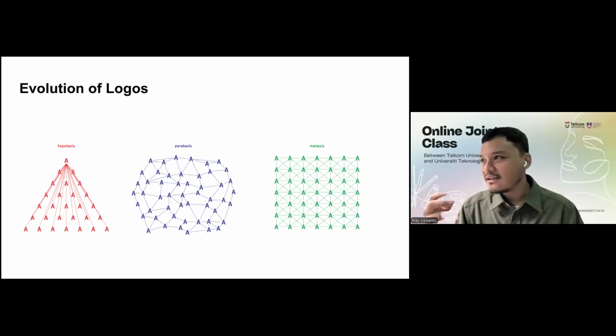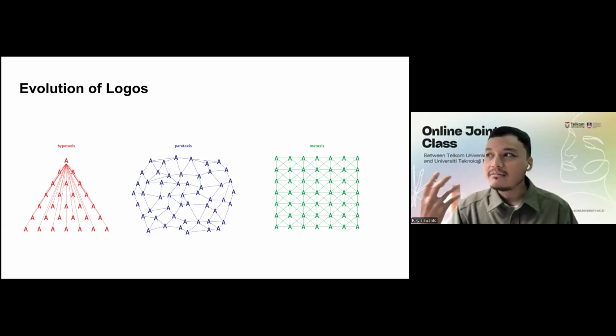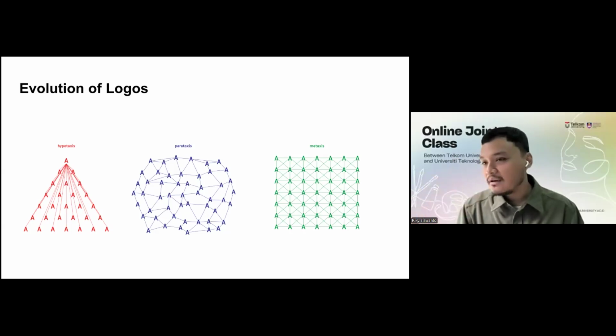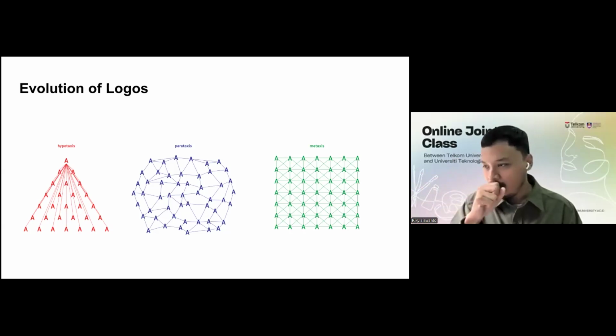It can be entered through so many gateways. So it's about access. How can we get to know the brand? That's the entry point. It's more fluid. Metataxis also comes from different directions, but it's less fluid than parataxis.